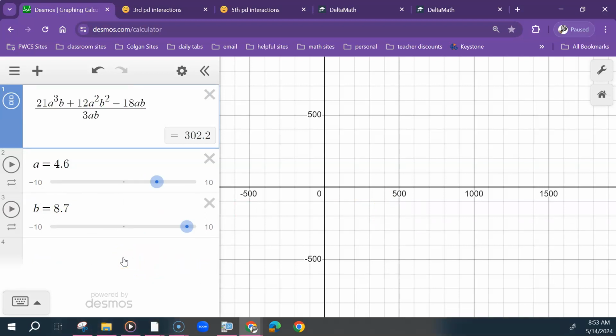So if you got rid of everything, you'd have to re-add in your sliders, make them positive numbers, 2 different things, it doesn't matter what, and then start to put in your answer choices and see which one you get.